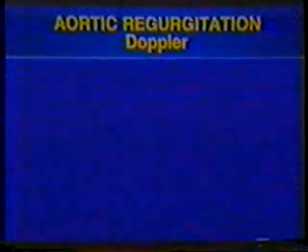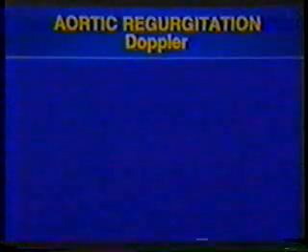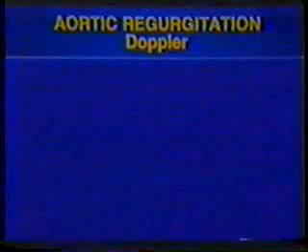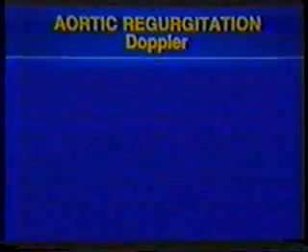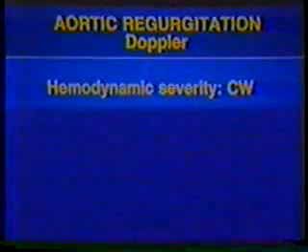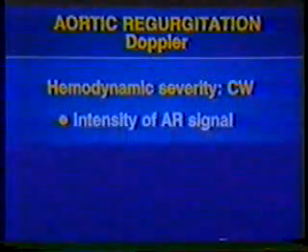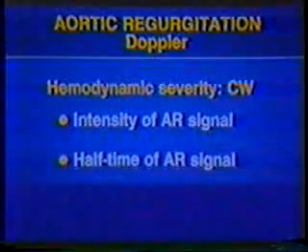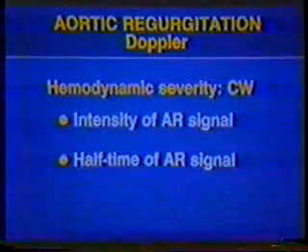One should not solely rely on color flow imaging for grading the severity of aortic regurgitation. We always seek supportive data using the continuous and pulsed wave modes. With continuous wave Doppler, we assess the severity of aortic regurgitation via the strength of the signal and via measurement of the pressure half-time of the regurgitant jet.